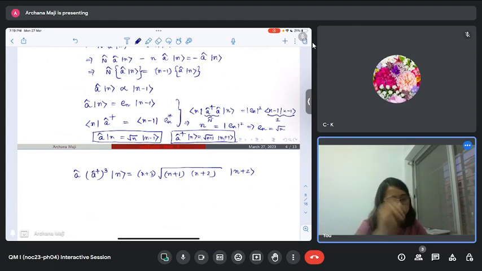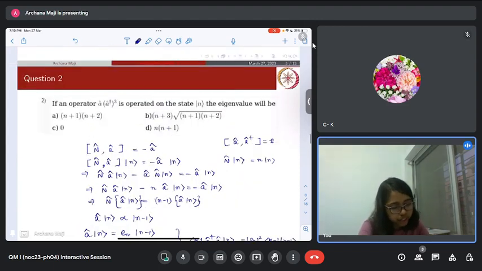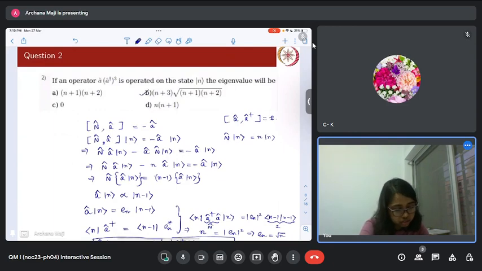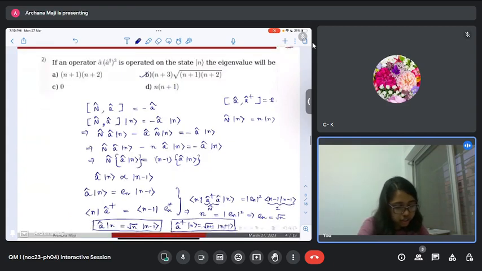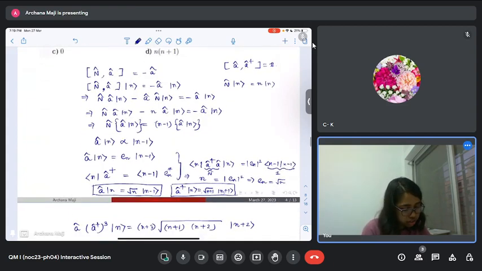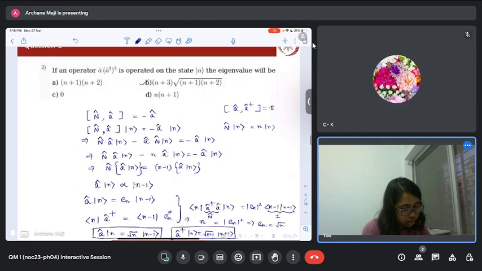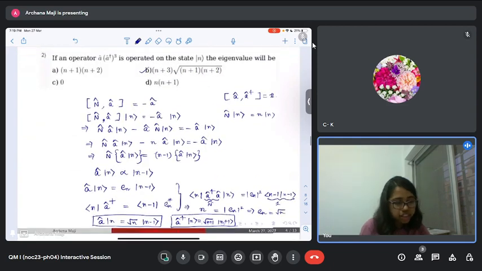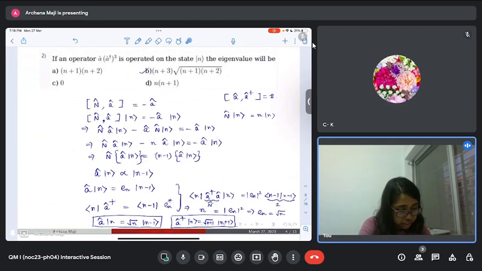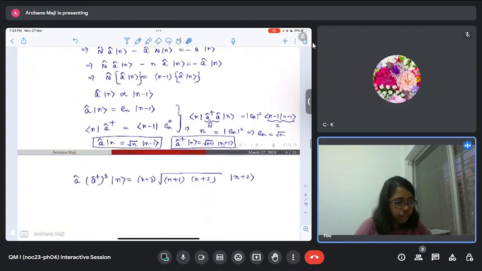That's correct. Okay, now which one is the correct option? You are saying B. B is correct, you are saying, right? But actually this is a trick question, in the sense that we know that what we are getting is not an eigenvalue equation.